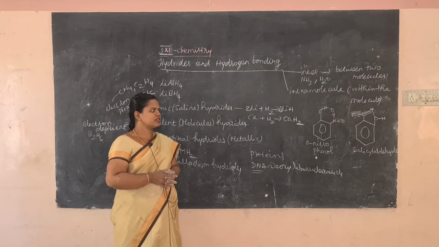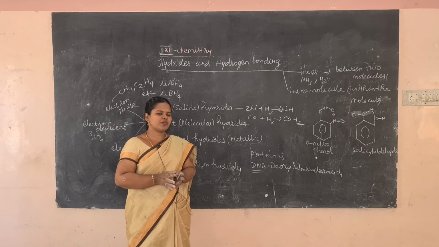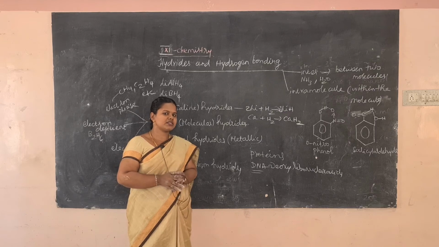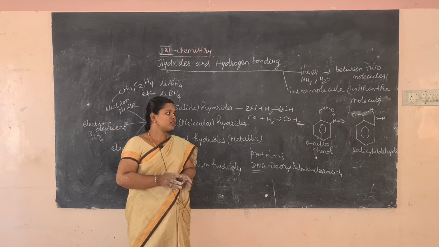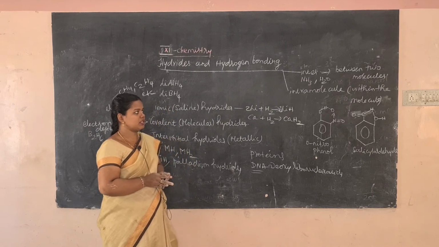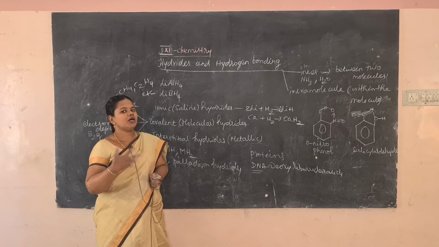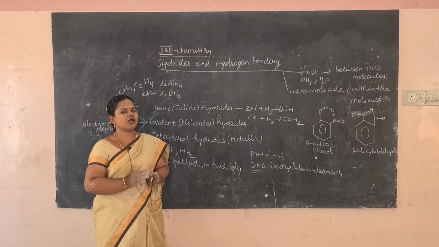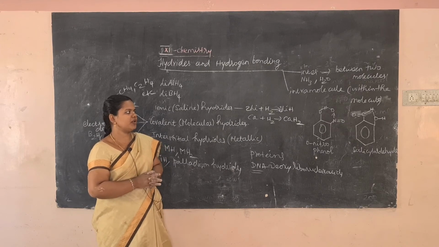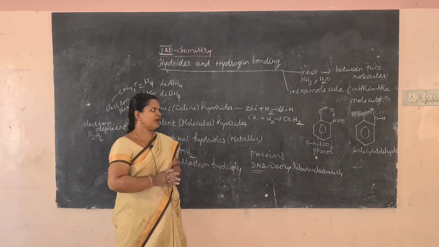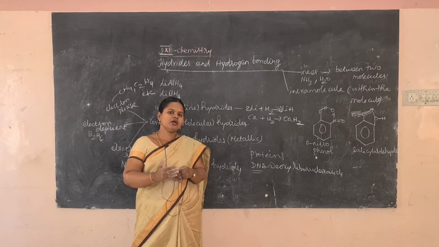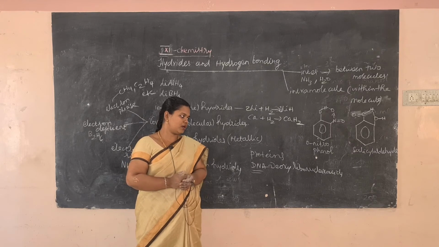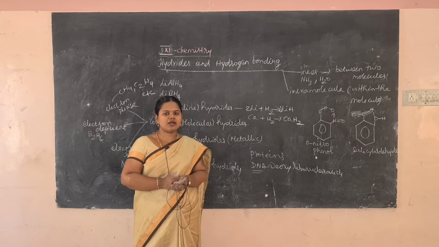Okay, so this is all about hydrogen bond. We saw two topics: intramolecular hydrogen bond and intermolecular hydrogen bond. For intermolecular, the example is the bond between ammonia and water. For intramolecular, the hydrogen bond within the molecule, examples are orthonitrophenol and salicylaldehyde.